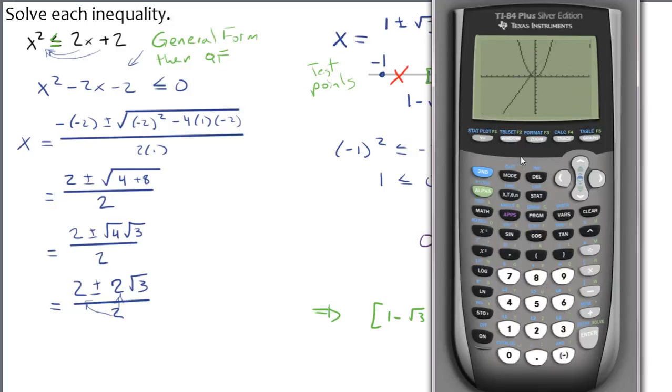There's x squared, and there's 2x plus 2. And I'm going to zoom in and center it right about here. Alright, so we can see where they overlap. I'm still just going to trace it.